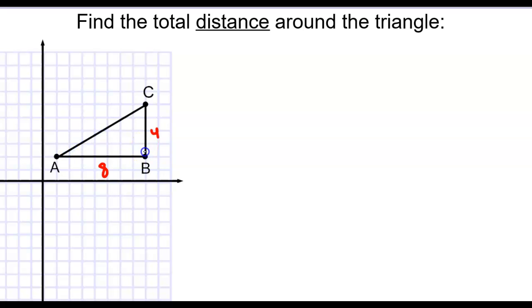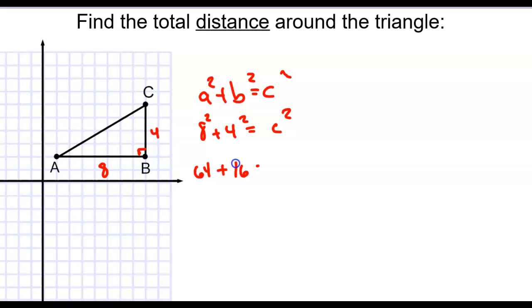So we have to figure out this diagonal right here. One of the things we're going to talk about is how to find the distance of this. You probably remember the Pythagorean theorem from earlier math classes: a squared plus b squared equals c squared. 8 squared plus 4 squared equals c squared. 8 squared is 64 plus 4 squared is 16 equals c squared, which we don't know.